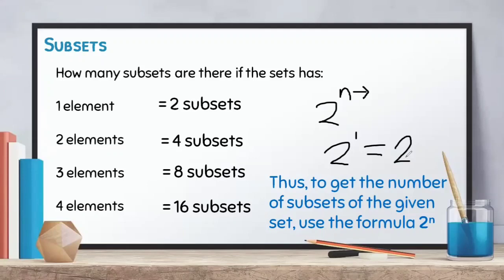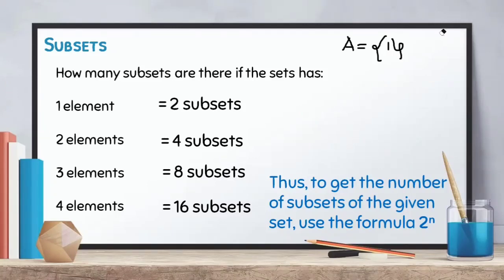Now, what are these subsets of one element of the set? Say for example, we have set A with only one element, let's say 1. What do you think will be the possible subsets of our set A? One possible subset, as I mentioned earlier, is the set itself.